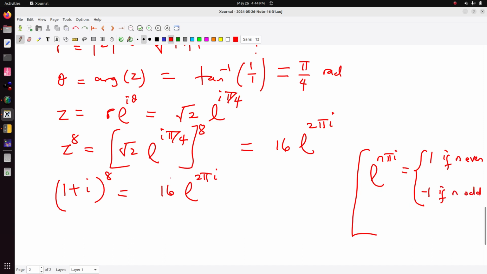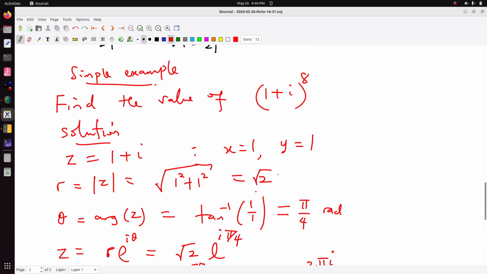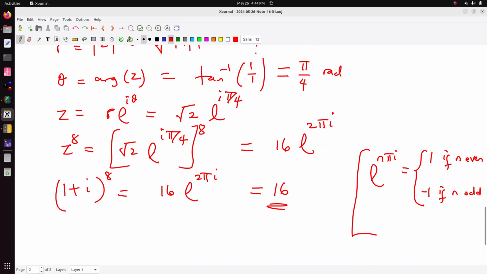In this case n is even, so this is 1, so it means (1 + i) raised to the power 8 is just 16. If you are asked to find (1 + i) raised to the power 20, it's the same process. Instead of 8, just raise it to the power of 20, and you get your answer. So that is one of the applications of writing the complex number in polar form.